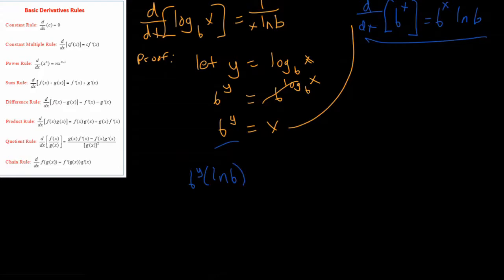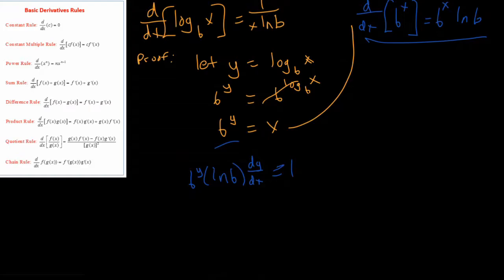And whenever we do implicit differentiation, we also have to take the derivative of what we have at the top. So here, since we're taking the derivative of b to the y, we also have to take the derivative of y. So we're going to have a dy/dx here. And that's all going to be equal to 1.